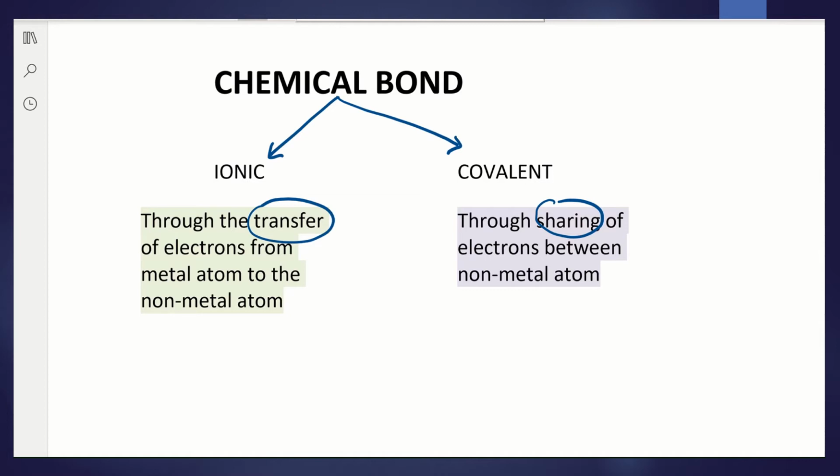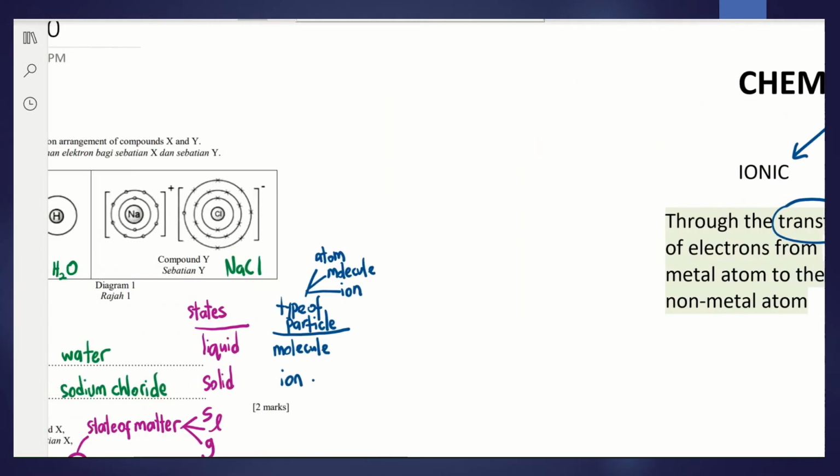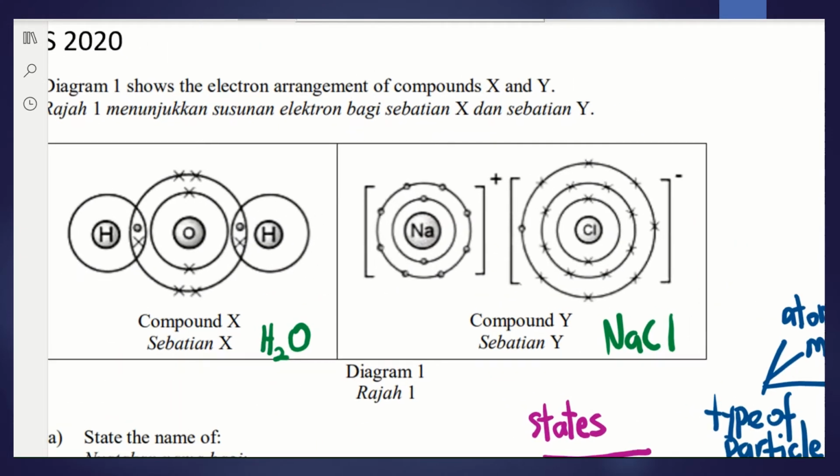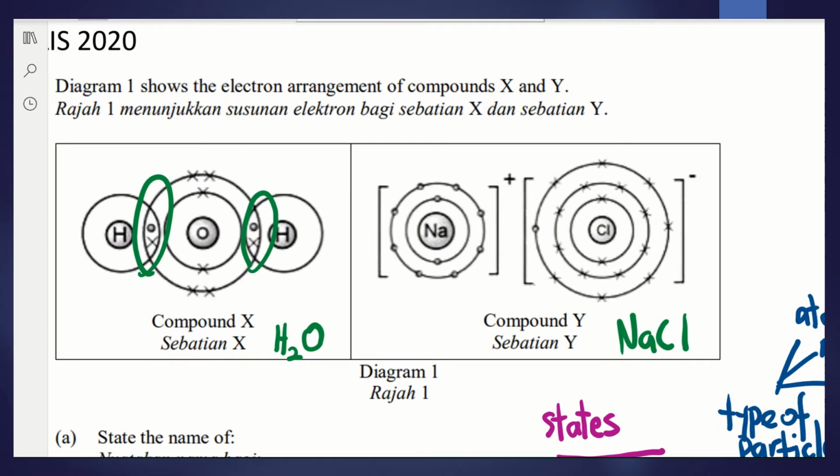So how can we differentiate between ionic bond and covalent bond based on the diagram? From our previous diagram, we can see that water involves sharing of electrons, shown here, between hydrogen atom and oxygen atom. While ionic bond involves transfer of electrons.